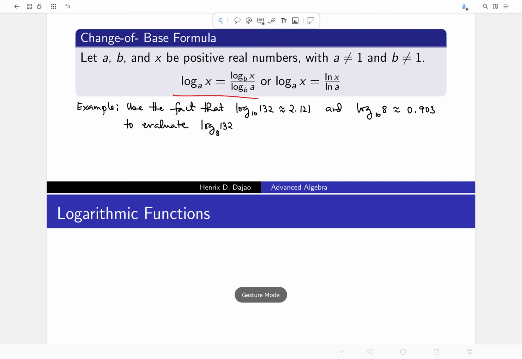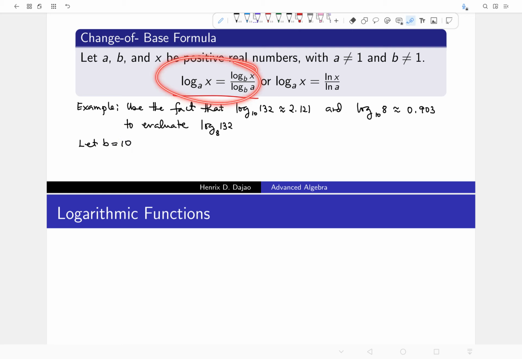In this example, we let b equal to 10. So using the change of base formula, to evaluate this one, we will answer this one.